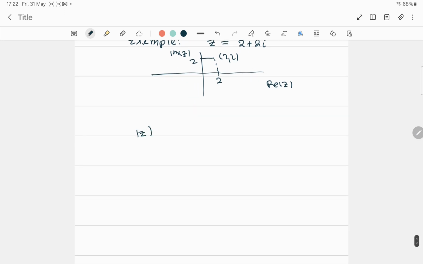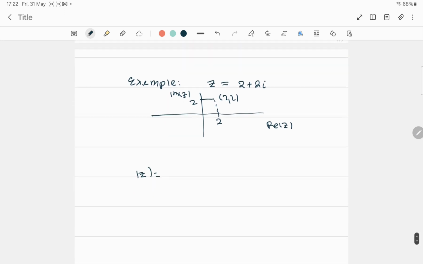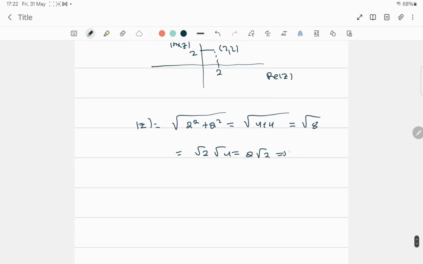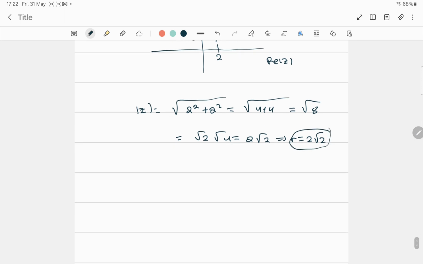So the first step is to find the modulus of this complex number. It is the square root of 8, and using properties of the square root function, this is 2 times the square root of 2.